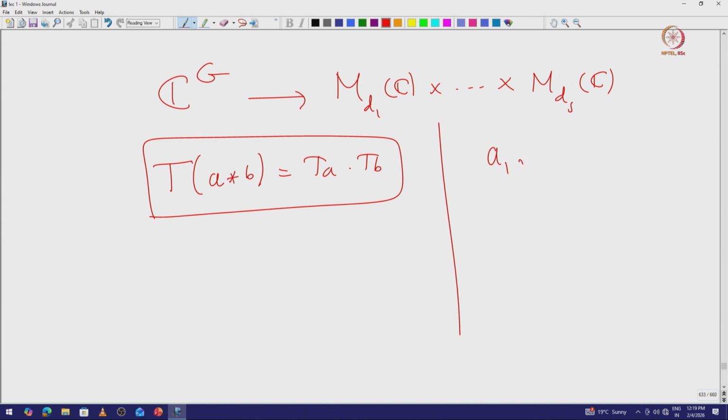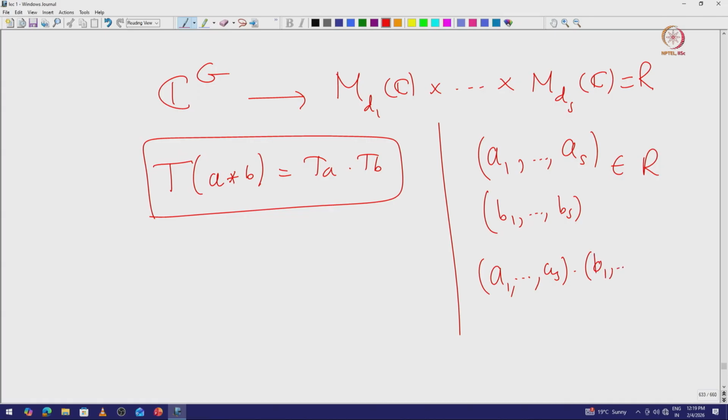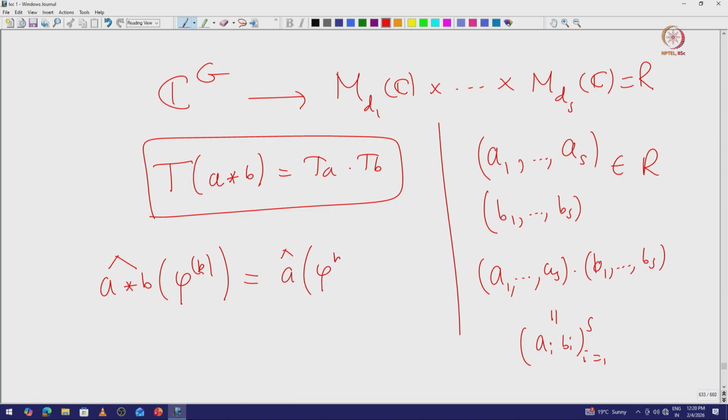So, we need to check T of A star B is the same as T A times T B, where the product on the right hand side is defined coordinate level. Suppose I take A1 etcetera AS and B1 etcetera BS coming from this ring. Then the product is defined to be just the pointwise product AI BI, I ranging from 1 to S. So, to prove this ring isomorphism, by definition of the multiplication we just establish that A star B hat applied on phi k is the same as A hat applied on phi k times B hat applied on phi k.